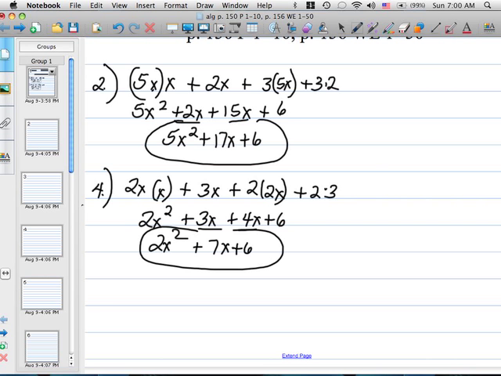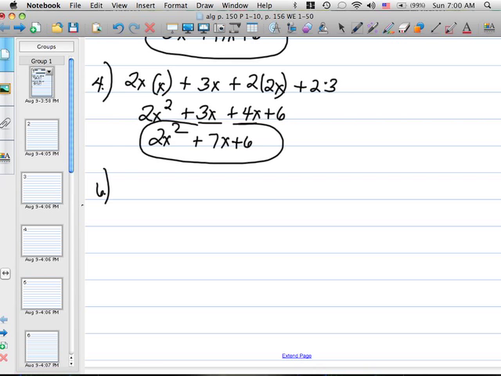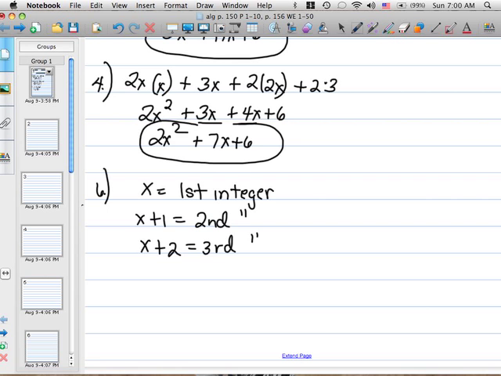Problem number 6, it says find 3 consecutive integers whose sum is twice the cube of 5. Well, we're talking consecutive integers, so we're going to represent them, and they want the 3 consecutive integers. So x equals the first integer, x plus 1 equals the second, and x plus 2 is the third consecutive integer.